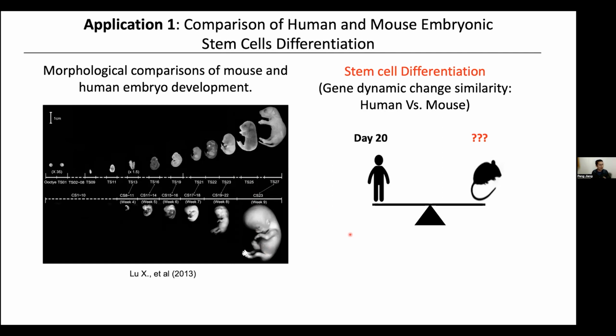Specifically, let's pick a gene. Does a gene at human day 20 correspond to mouse day 3, 5, or 10? We don't know.